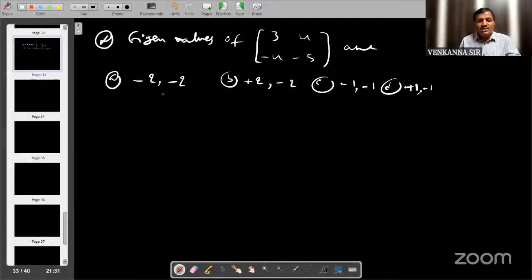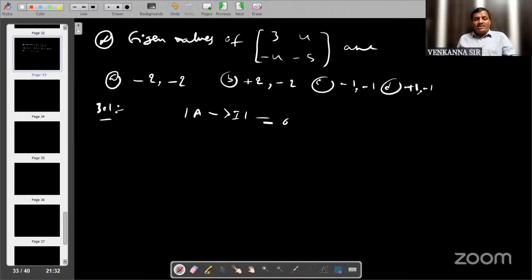The options given are: minus 2, minus 2; plus 2, minus 2; minus 1, minus 1; plus 1, minus 1. If you have correct knowledge and perfect practice, 5 seconds is enough to answer this question. No need to go 2 or 3 minutes. Whenever they ask for eigenvalues, no need to go with the determinant of A minus lambda I equal to 0. It takes a lot of time to calculate. Instead of that, apply the properties.